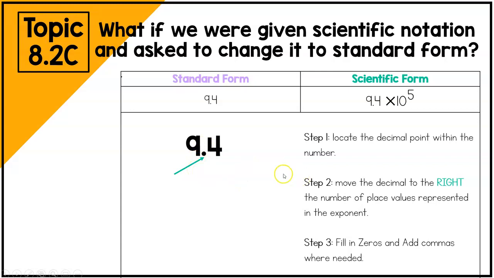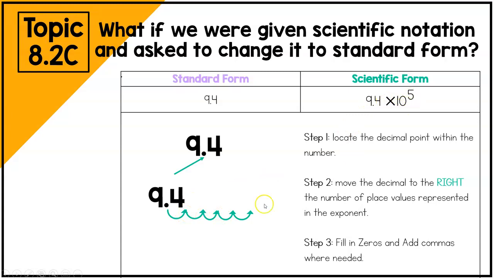Step 2 says to move the decimal to the right the number of place values represented in the exponent. Our exponent is 5, so we want to move it 1, 2, 3, 4, 5 spaces to the right.